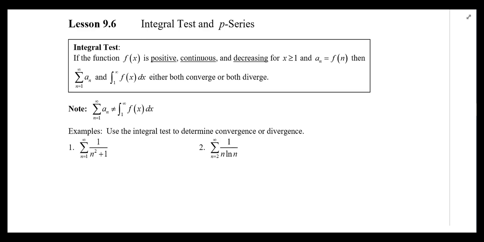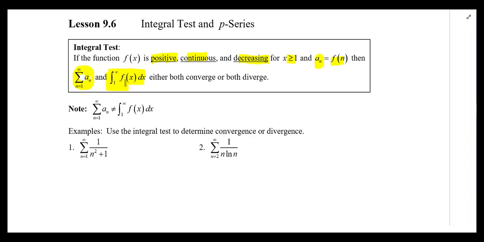In this lesson, I want to talk about the integral test first. If you have a function f of x with these conditions: positive, continuous, and decreasing for x bigger than 1, and the terms can be represented by the function, then the sum of n equals 1 to infinity of a sub n, the infinite series of those terms, and the integral from 1 to infinity of f of x dx either both converge or both diverge.